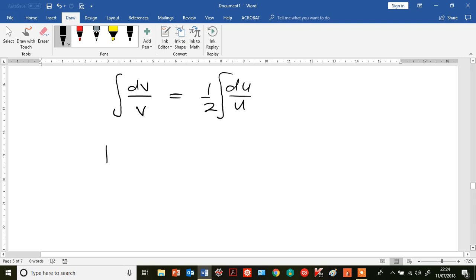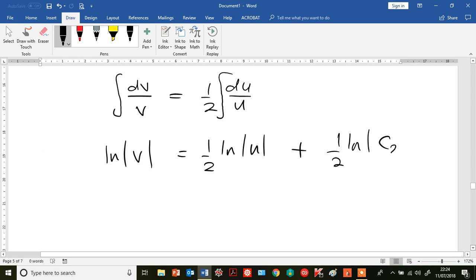So what we've got here is the log of the mod of v, which is equal to the half of logarithm. I don't like my logarithms like that, so if we write logarithm of u plus, well, we have to have a constant here, so I'll just put an a there, but it's not very helpful calling it an a. We could call it something more convenient, like, for example, we'll just choose a half log of C2 in this case.